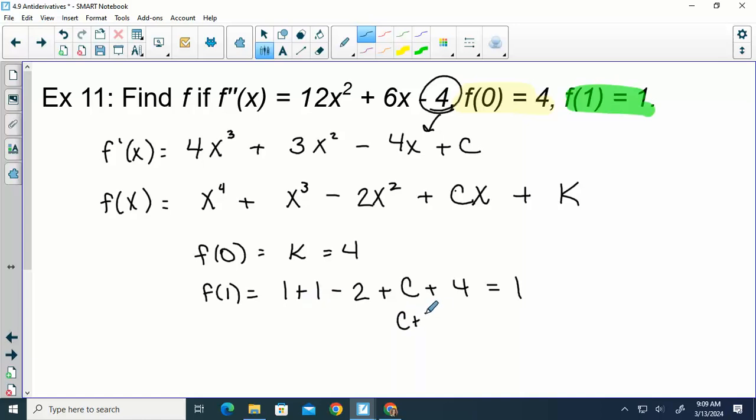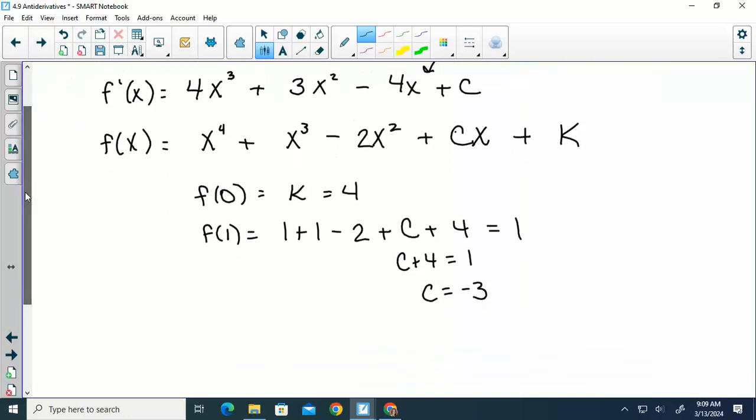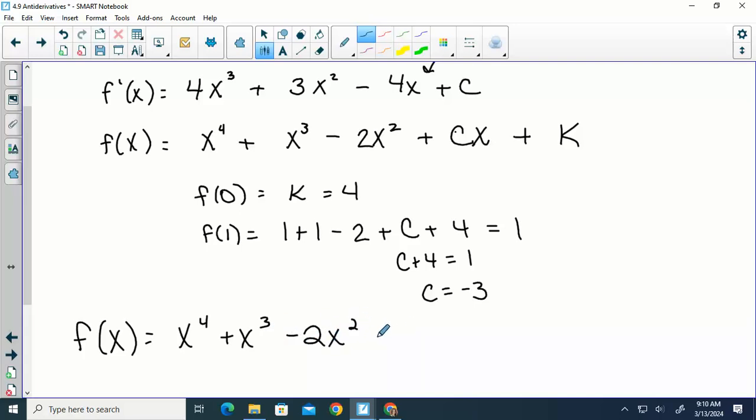So c plus 4 equals 1. So c is -3. So the original function had to be x to the 4th plus x cubed minus 2x squared minus 3x plus 4.